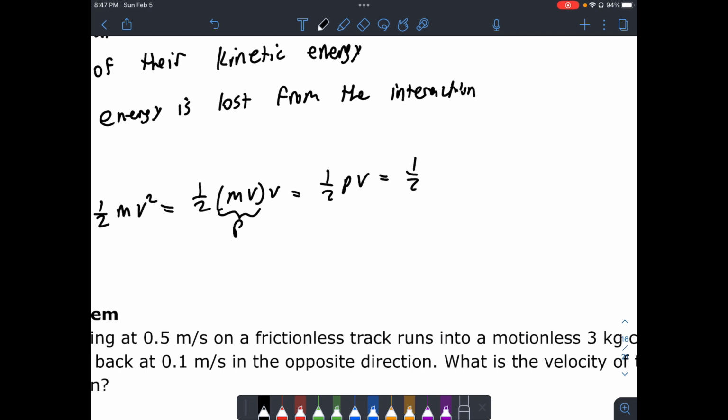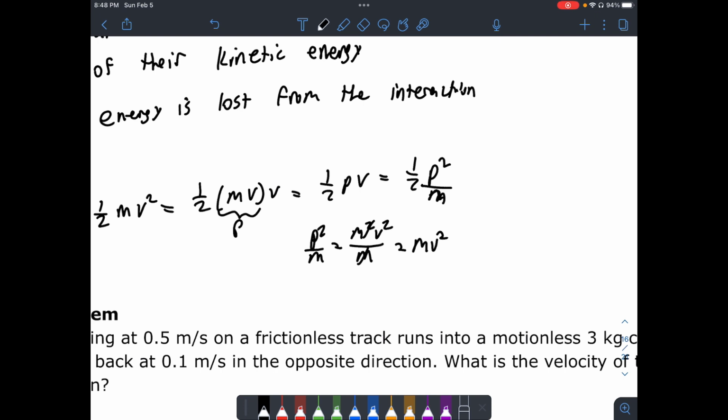I can rewrite 1/2 p squared over m, because p squared over m is just m squared v squared over m, and we're left with mv squared.